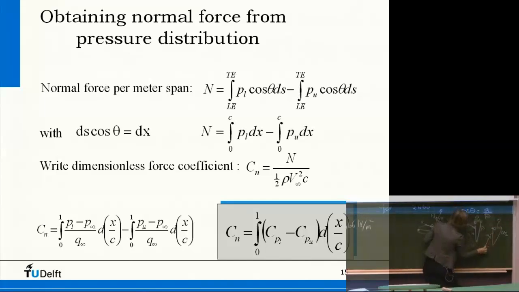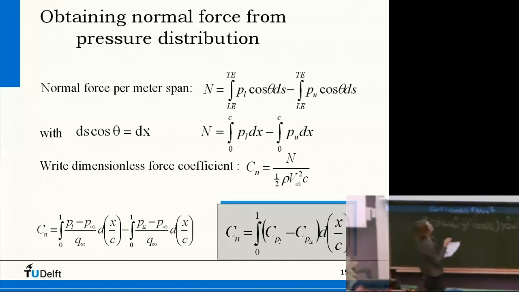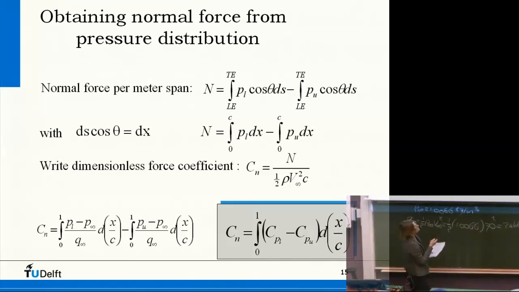So dx is equal to cosine theta ds. So in the same way as the pressure, it's just rotating it, you get that. So what we do is we make this a bit easier, say, okay, cosine theta ds is the same as dx, and the dx is walking from 0 to chord. So this is a nice expression, right? You can imagine normal force, pressure on the lower side integrated from 0 to c dx, minus pressure on the upside from 0 to c dx.